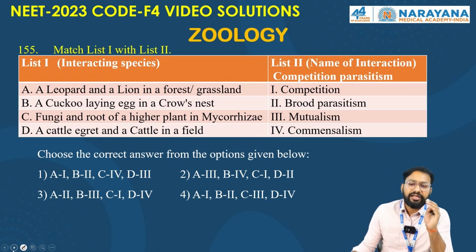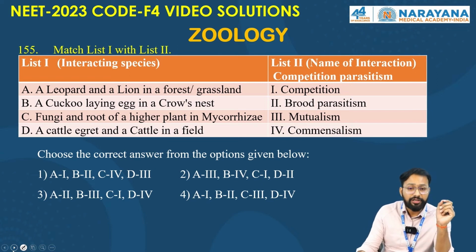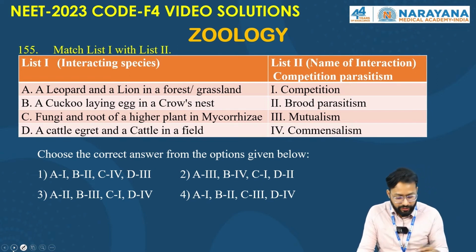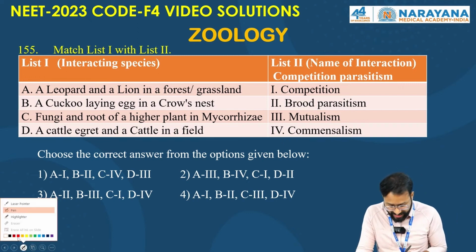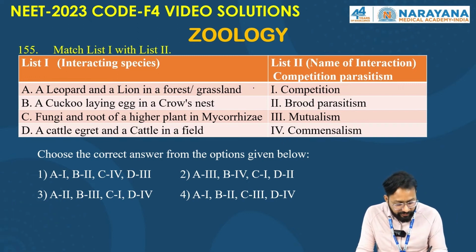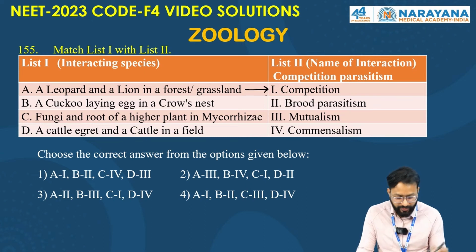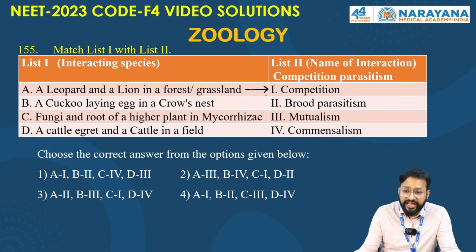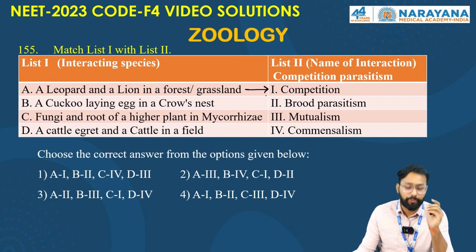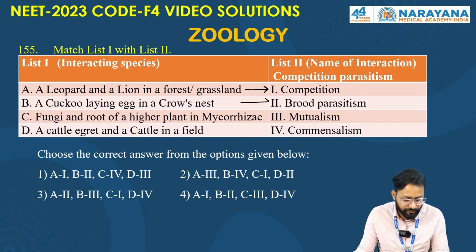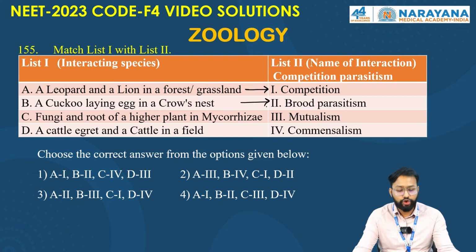Leopard and lion are of similar type, so they compete for the same type of resources. So for the first, it should be 1. And a cuckoo laying eggs in the crow's nest is an example of brood parasitism. So for B, it should be 2.